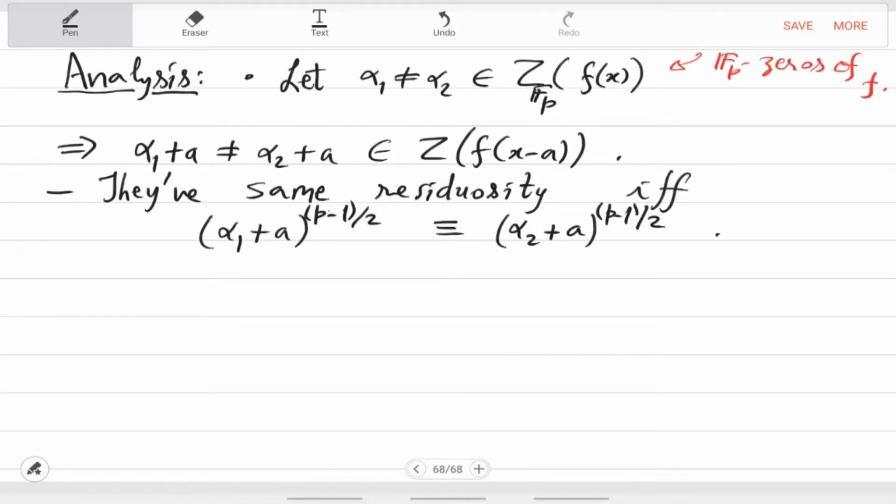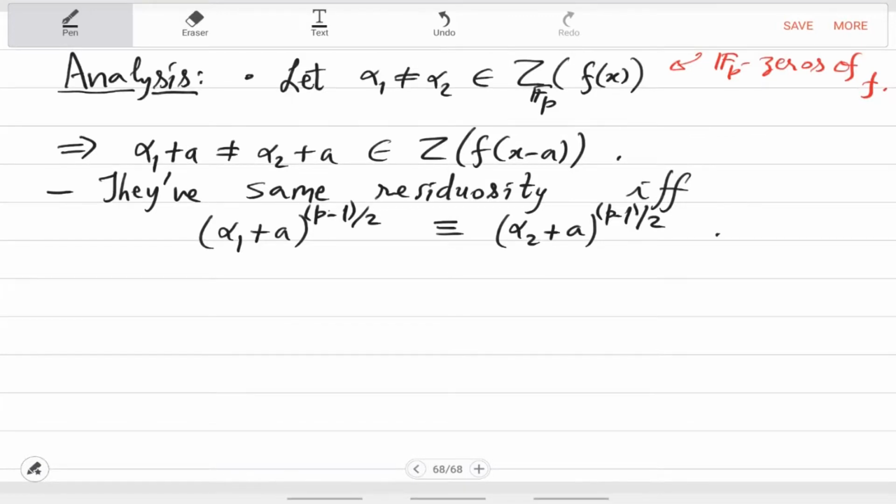Think of this as an equation in A, unknown A. What is the degree of the equation? One less, because the highest power of A will also cancel out.